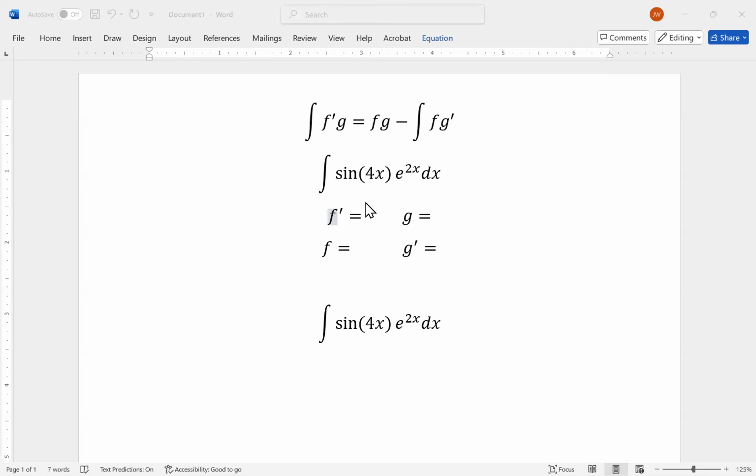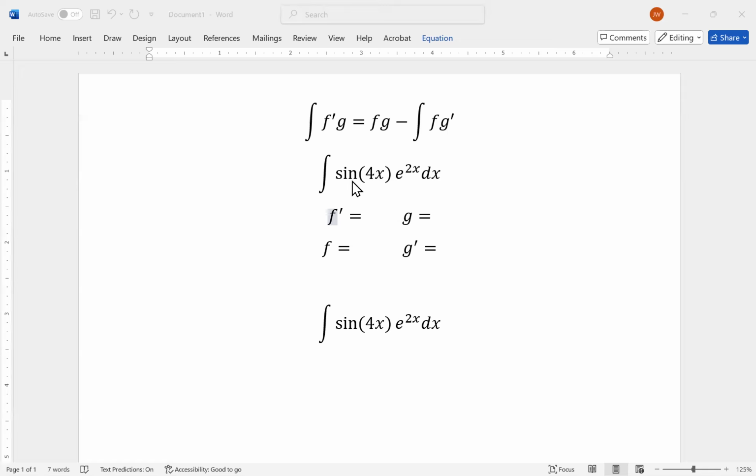So this is trig function times exponential. If we start taking derivatives, exponential is just going to keep there. If I just take a derivative of e to the 2x, I get e to the 2x times 2. I take another derivative, I get e to the 2x times 2 times 2, so 4 e to the 2x, and it just never goes away when I start taking derivatives.